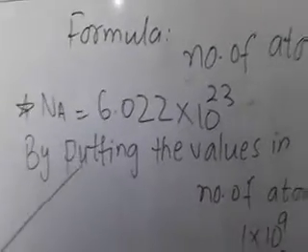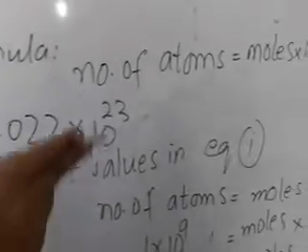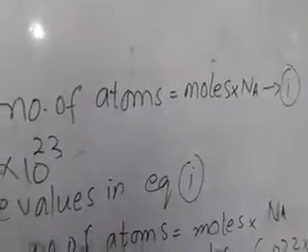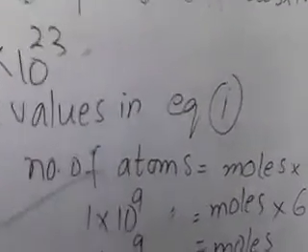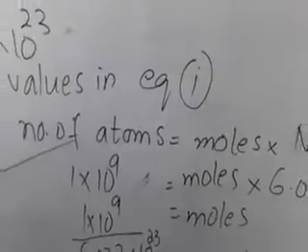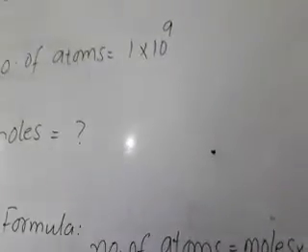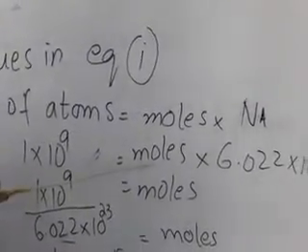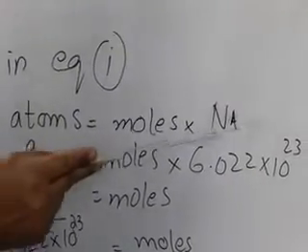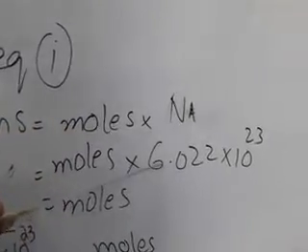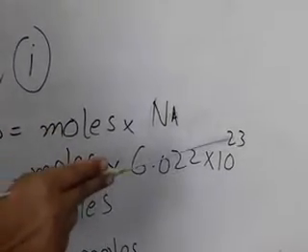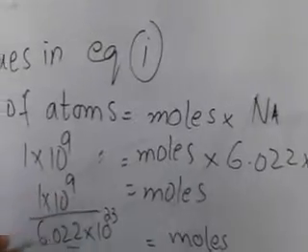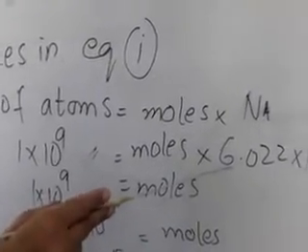Put all these values in equation number 1. In equation number 1, number of atoms is given, so we will place it from the data, that is 1 into 10 raised to power 9. Moles to find, and value of Avogadro's number is 6.022 into 10 raised to power 23. You will be calculating moles, so divide by this number on both sides of the equation.